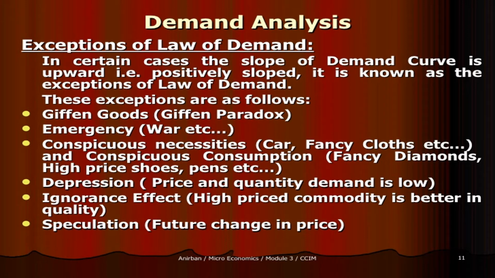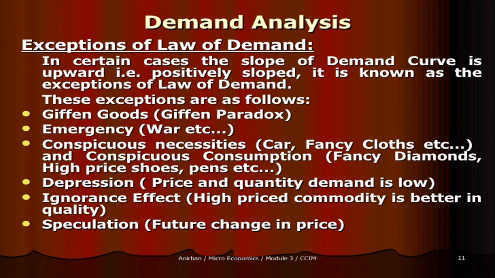A very strange phenomenon was observed when the price of bread was increased. It made a large drain on the resources of the poor people, and they were forced to curtail the consumption of meat and buy more bread, which was the cheapest food.